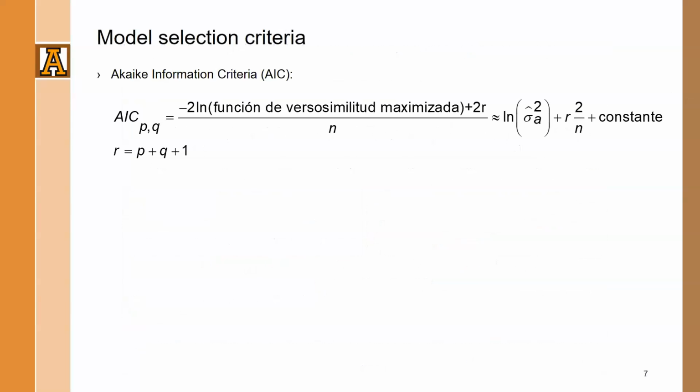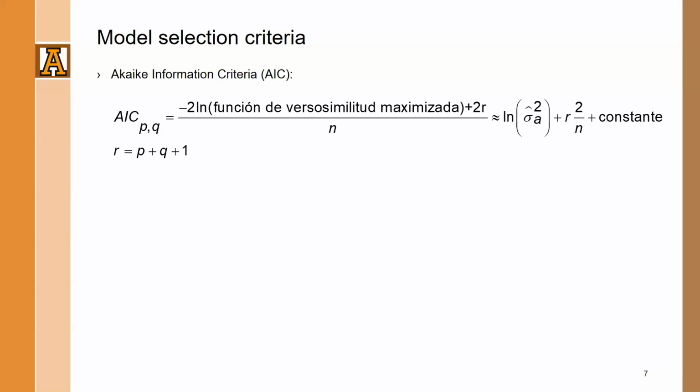Now there are other criteria that we can use to select the right model. One of the criteria is called the Akaike information criterion. The Akaike information criterion is essentially -2 times the log of the maximum likelihood function.